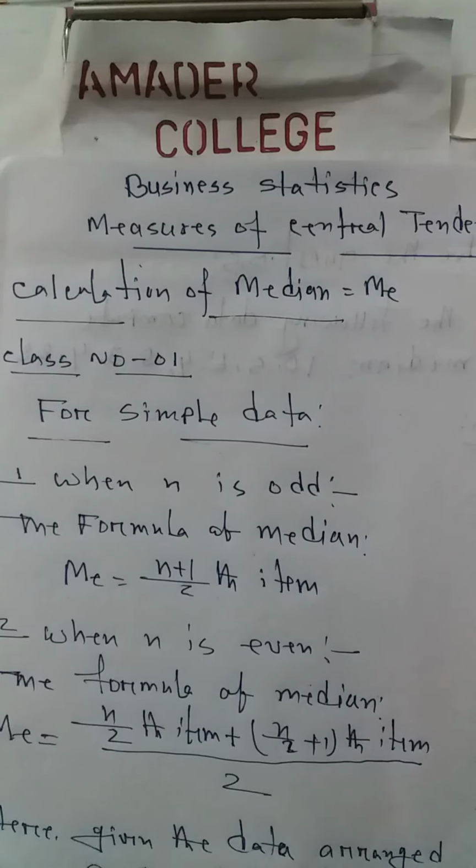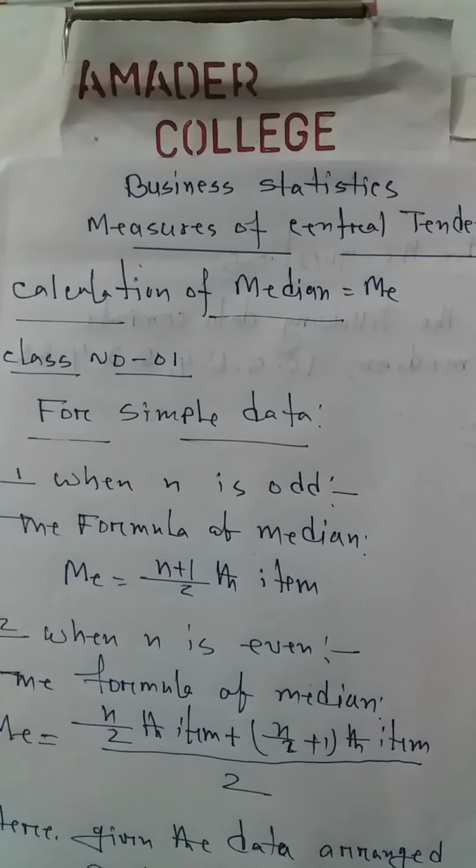When the observation is odd, or even. For example, odd observation: 1 2 3 4 5, that is called odd observation.